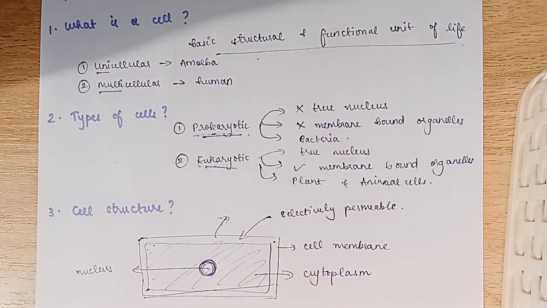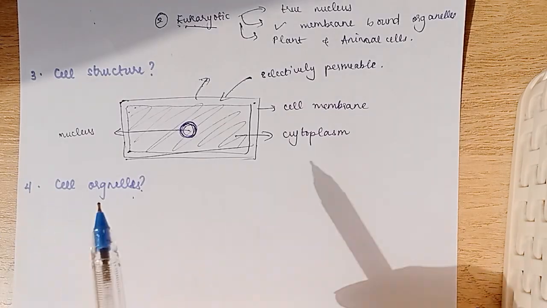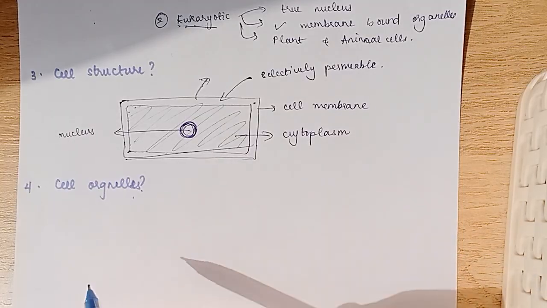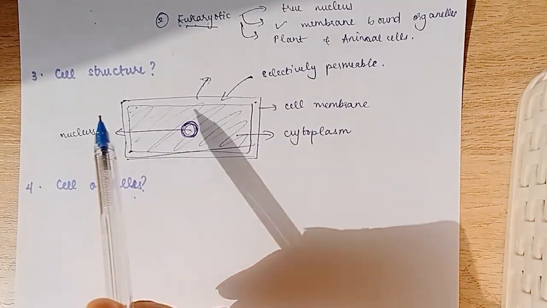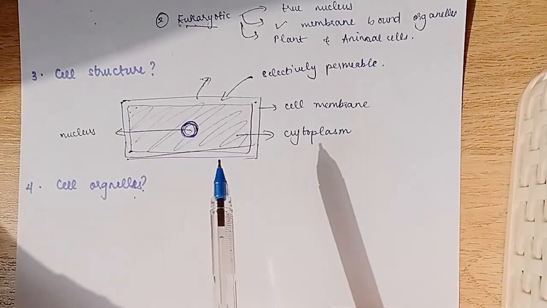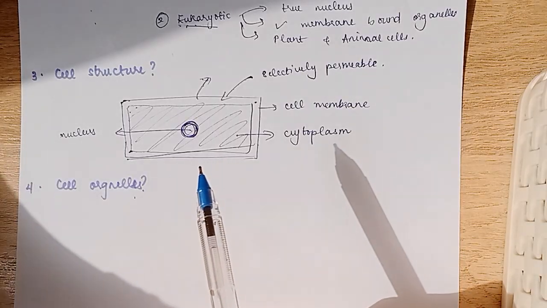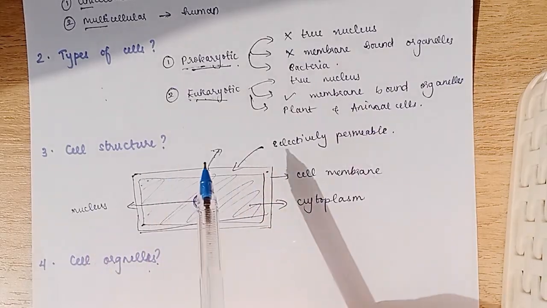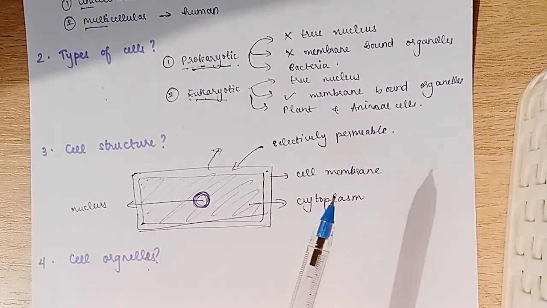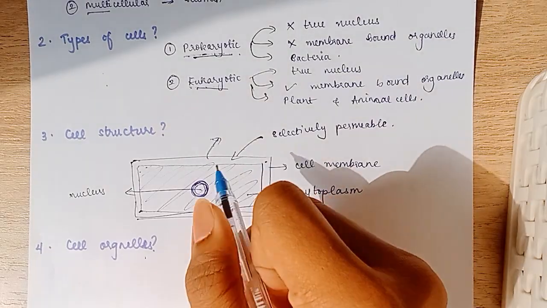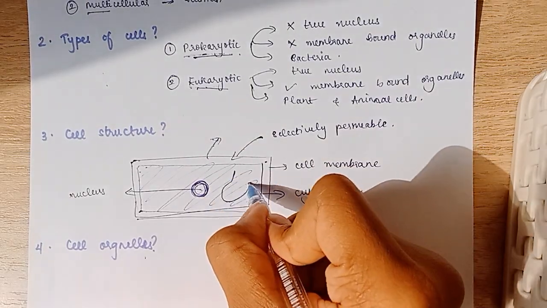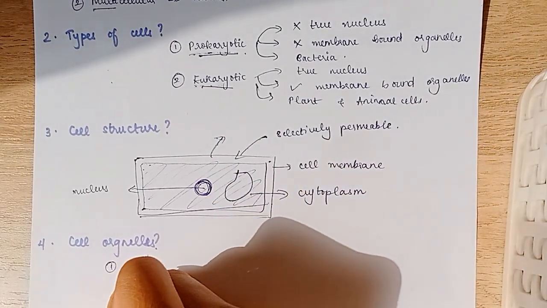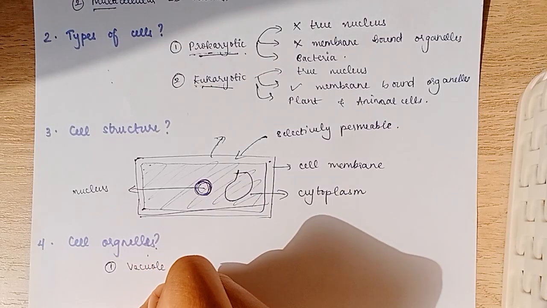Now, the next subtopic is the cell organelles and their functions. Inside the cell, there will be many small substances and those are called the cell organelles. So let's see some of the cell organelles. Inside the cell, there can be mitochondria, ribosomes, Golgi apparatus and vacuole. Let's start with the vacuole.